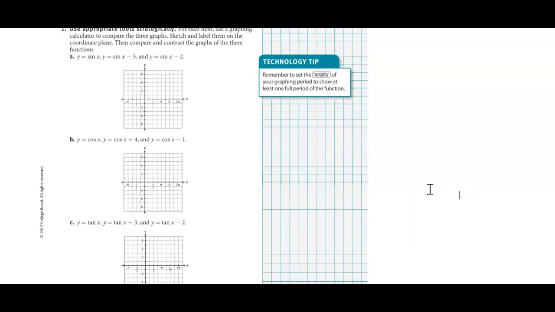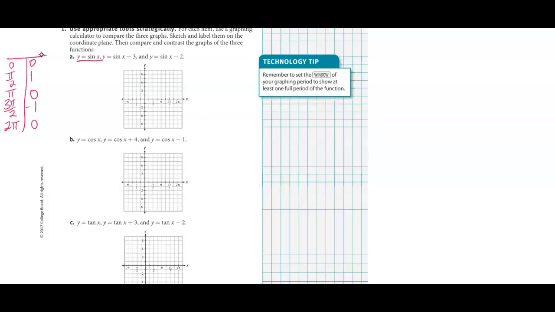So if we look here, right, I've got the parent function y equals sine of x. So what I'm going to do is I'm going to start with that parent function. Alright, and sine always starts at the midline, so it's 0, 1, 0, negative 1, 0.